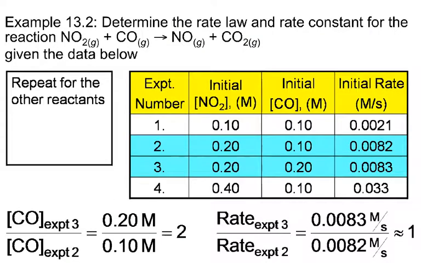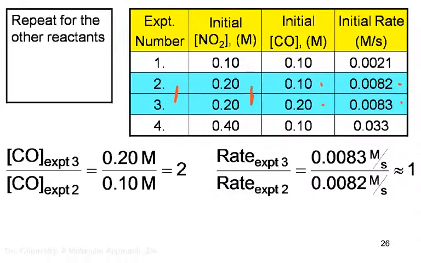Then we can repeat that for the other reactants. So here, if we compare experiments 2 and 3 now, our nitrogen dioxide stayed the same, but our carbon monoxide doubled. What happened to our rate? It stayed the same, nothing happened, which means our reaction is 0 order with regards to carbon monoxide.